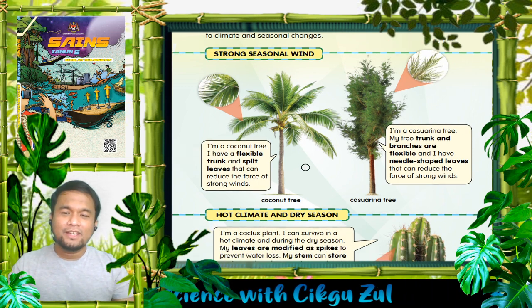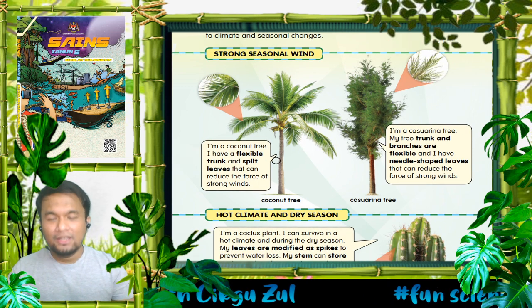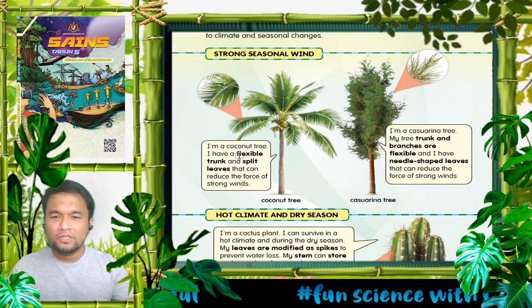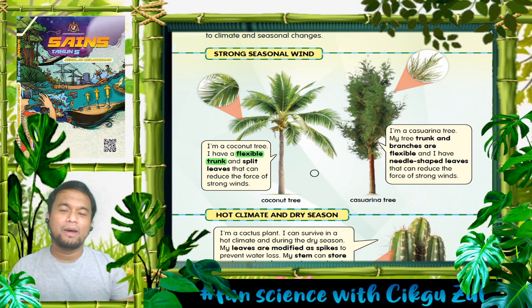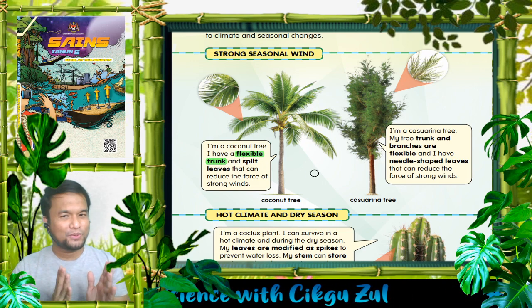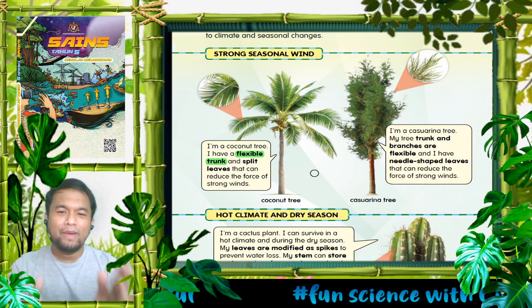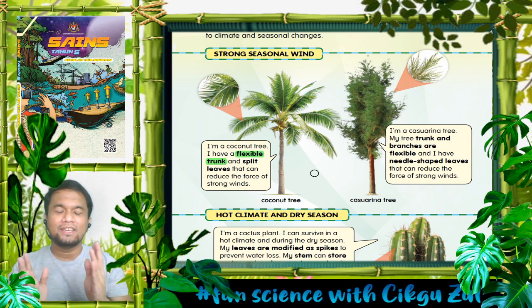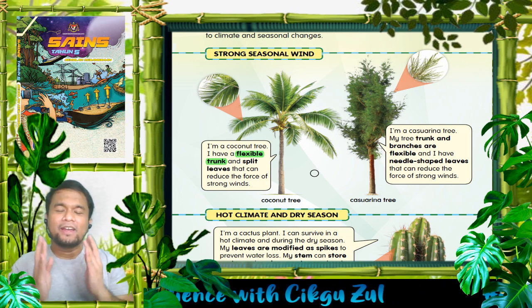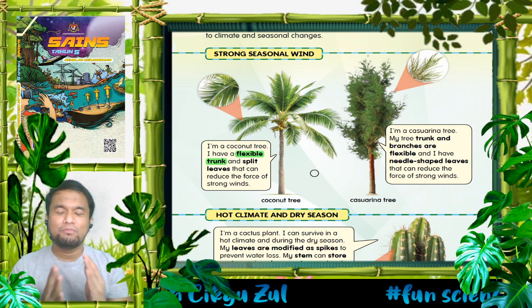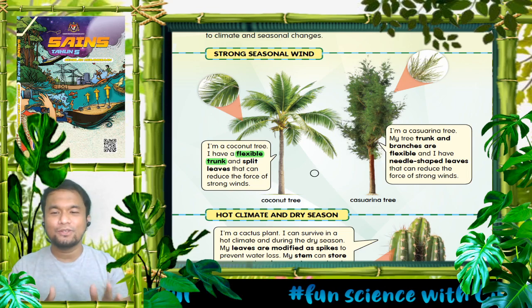Okay, so dia kata I'm a coconut tree. I have a flexible trunk. Dia ada batang yang mudah melentur. You can bend here and there, I mean back and forth. Boleh pergi to any side. It can bend lah. Dia boleh membengkokkan dia punya batang tu.